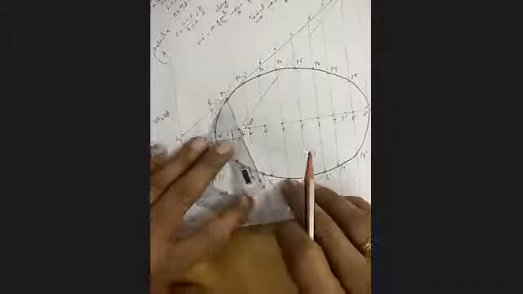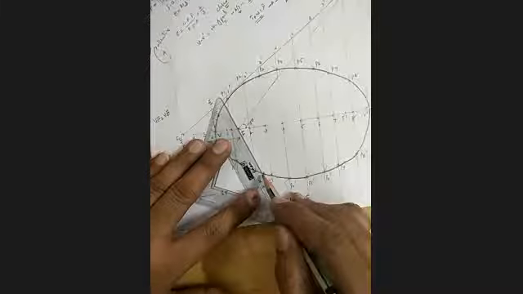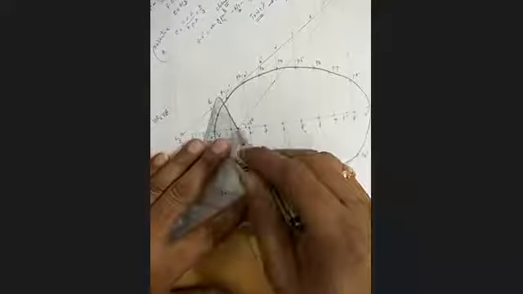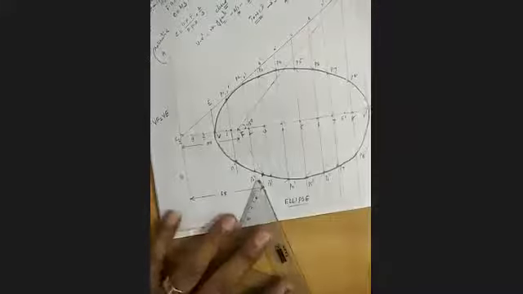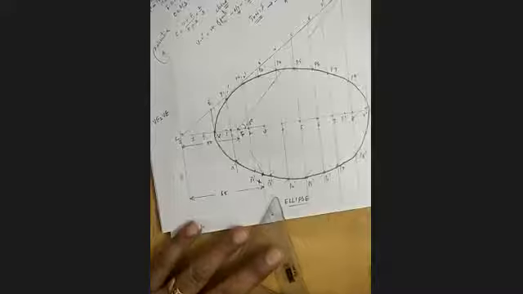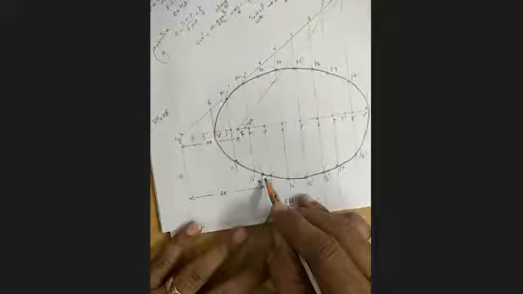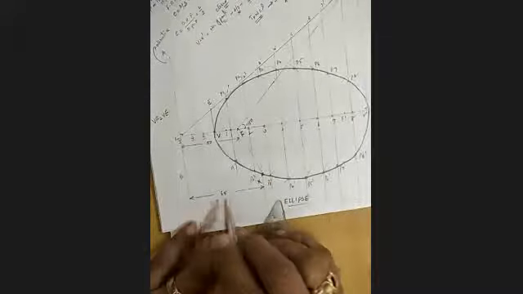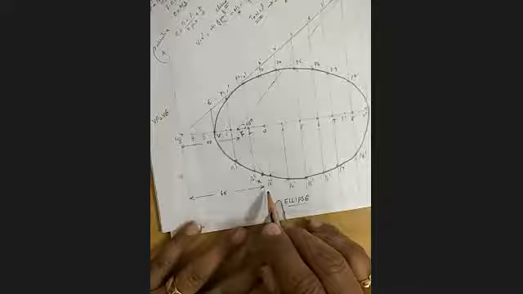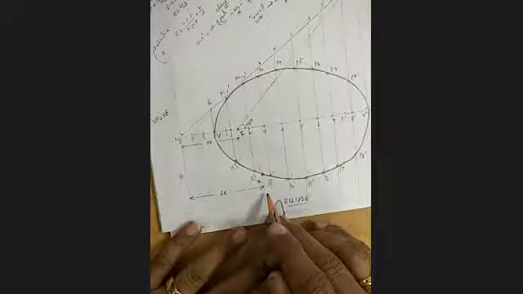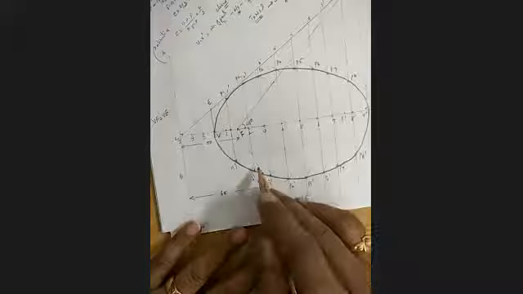Join x with F. F is already there. X is given. How did you get x? It is 65 mm from the directrix. I measured and drew a vertical line.